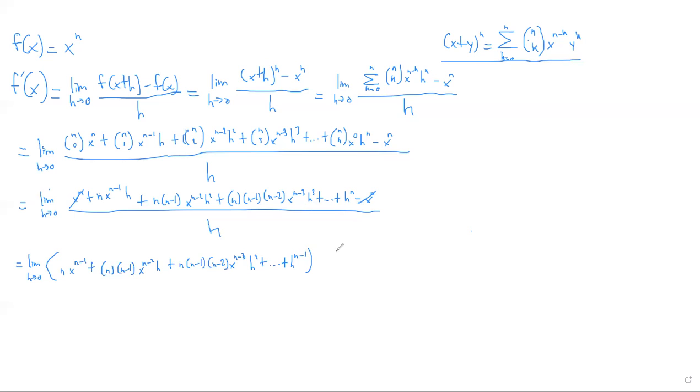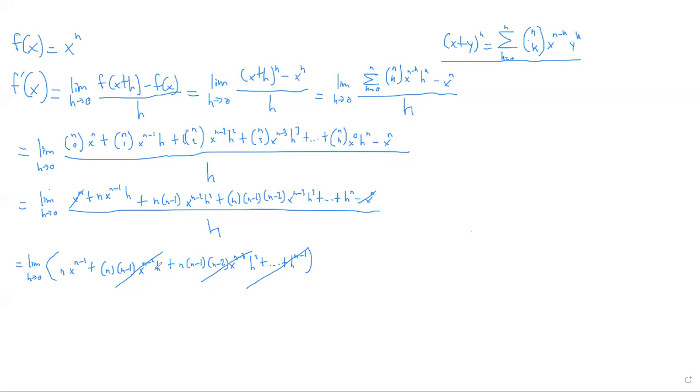And I hope you can see the pattern here of why I didn't consider all the middle terms of the binomial expansion for x plus h to the power of n. It's because they all contain a multiple of h, and h tends to 0. So all these terms that have a factor of h would equal 0.